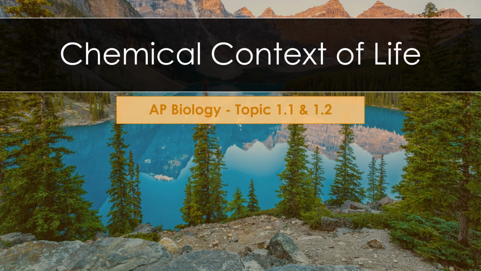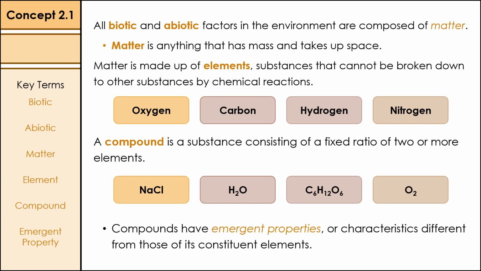So we will get started today with some essentially real quick chemistry review. So we know that anything that has mass and takes up space is composed of matter, and that matter is made up of elements.